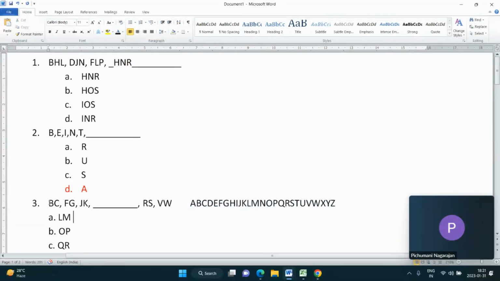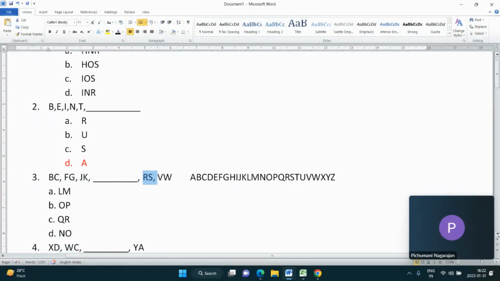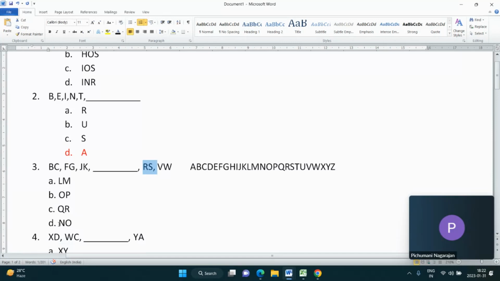As always, you will try to find out the relation between the first characters here. Then you will try to find out the relation between the second characters here. If you could connect the right relation, then the answer would be NO.